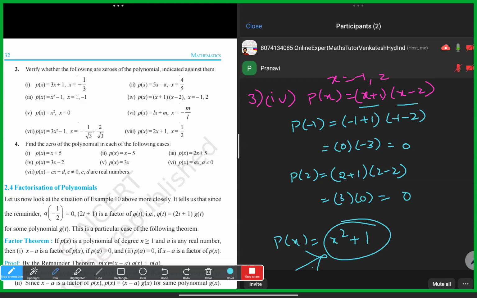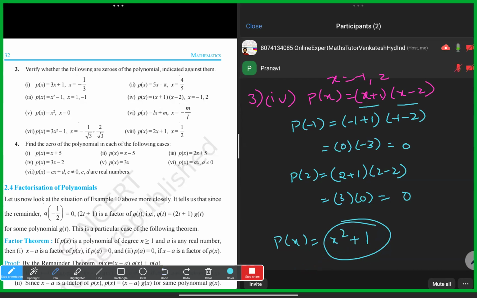This will become 0 only if minus 1 comes here, because when you add with plus 1, for the result to become 0, this should be minus 1. So x square can never become minus 1. If you try to keep minus 1 there also, minus 1 square will become plus 1. Yes, sir. I understood.